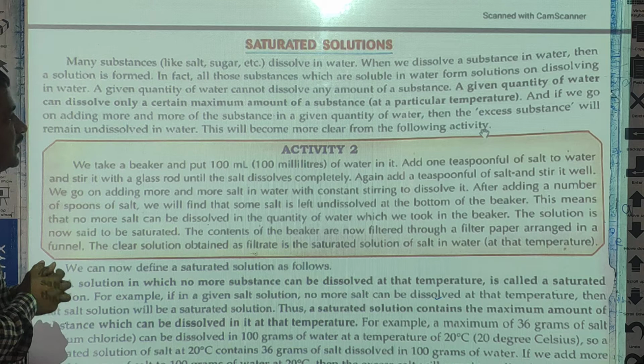All these solubilities are per 100 grams of water.